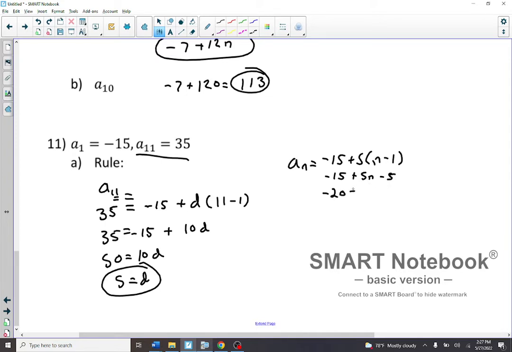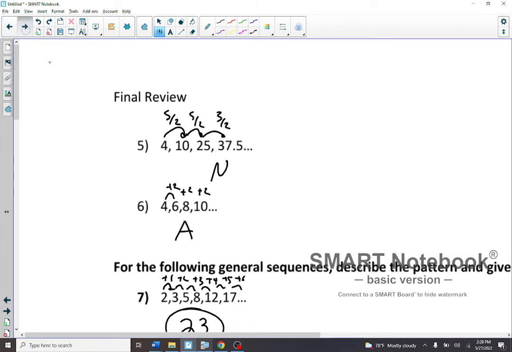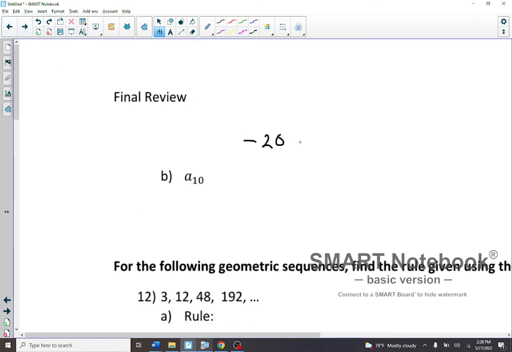Negative 20 plus 5n equals AN. So that's the rule, and I assume I asked for step 10 or something. The equation was, what was it, negative 20? So negative 20 plus 5 times 10, so that's 50. So that is going to be 30.